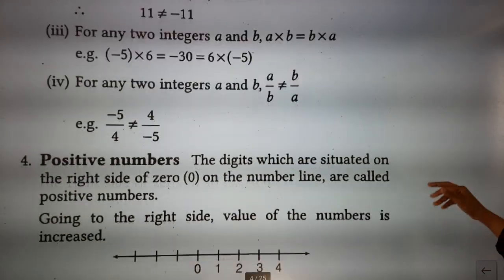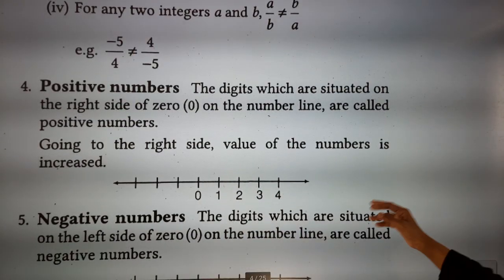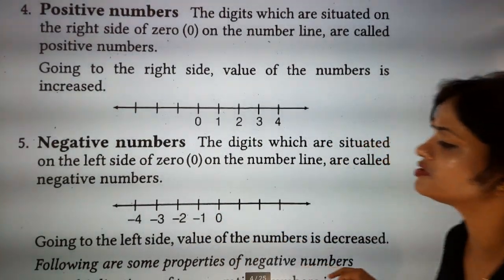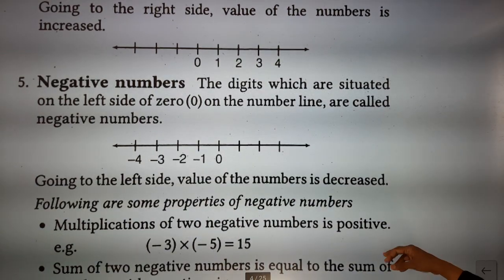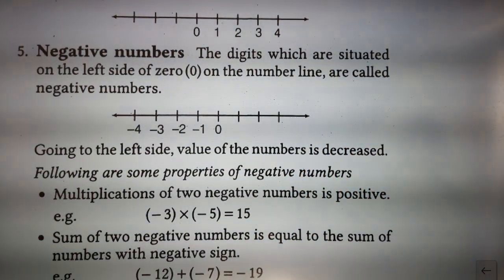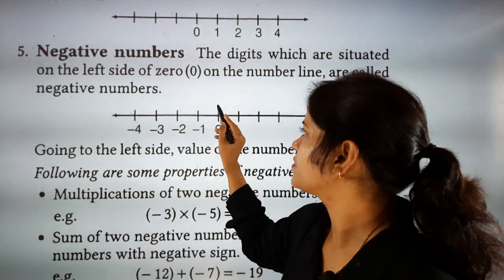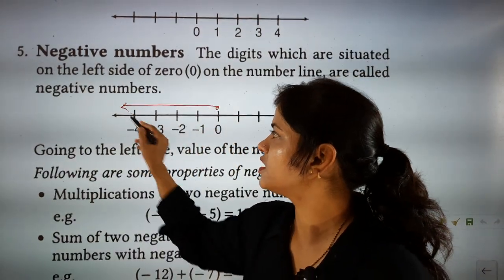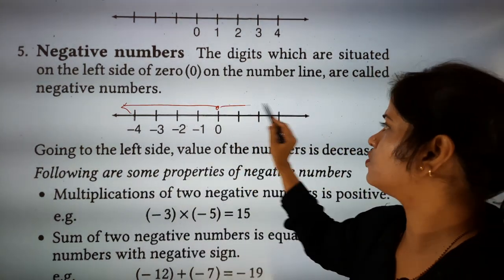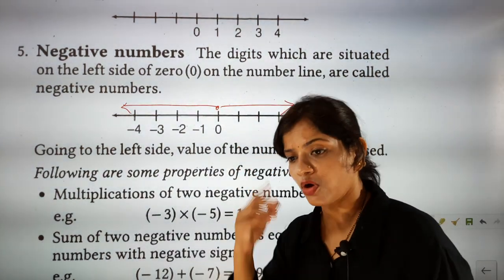Now positive numbers start from here, and negative numbers are on the other side of 0, because going to the left the value of the number decreases. In the number line system, when you go from 0 towards the left, the value keeps becoming less. When you go from 0 towards the right, the value keeps becoming more.